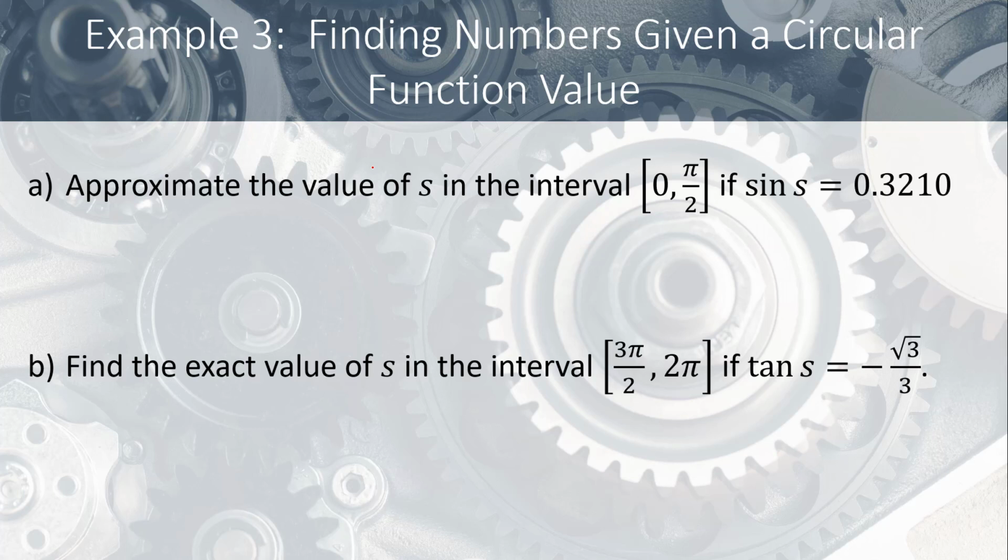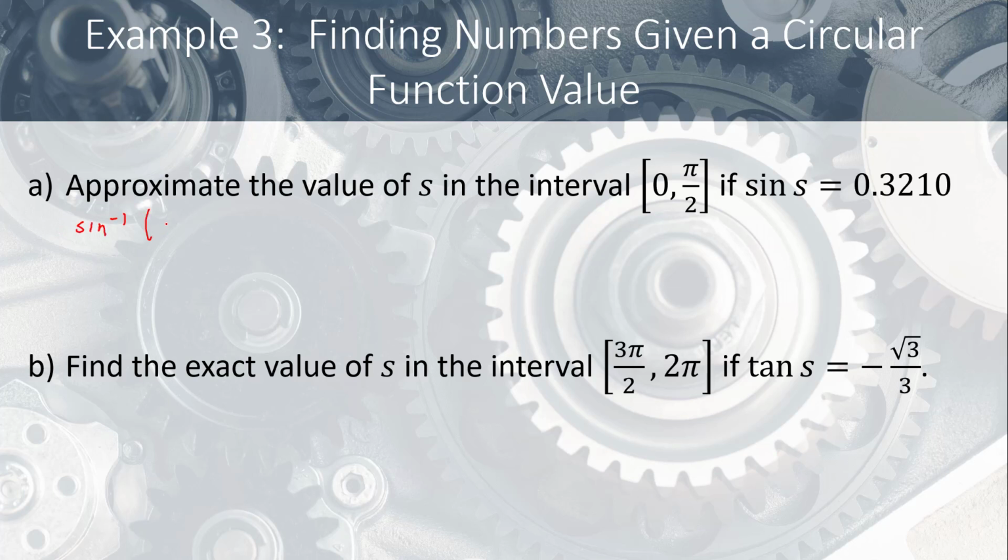Okay, the next thing we're going to need to do is approximate the value of s, that is, find the numbers associated with the circular function value. So here we have sine of s is equal to 0.3210, and we want to find what the value of s is. And of course, we are going to use the inverse function on our calculator, which will be sine negative 1.